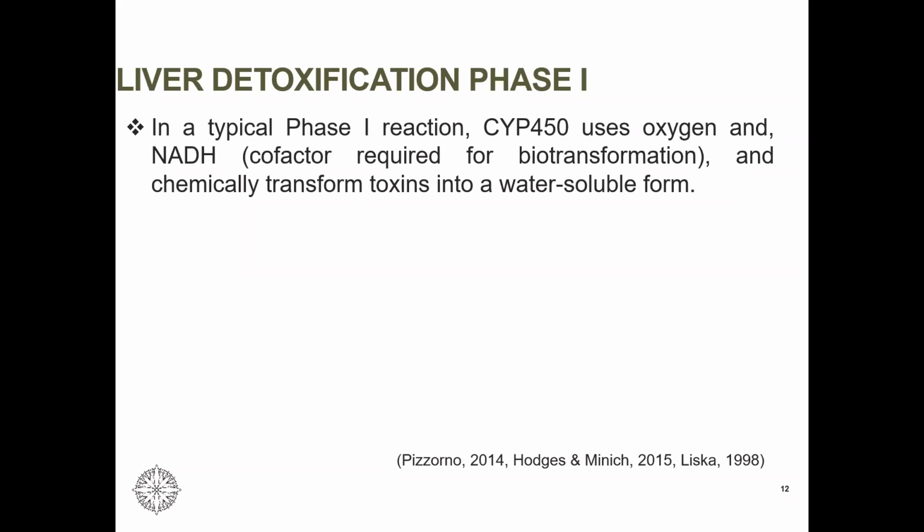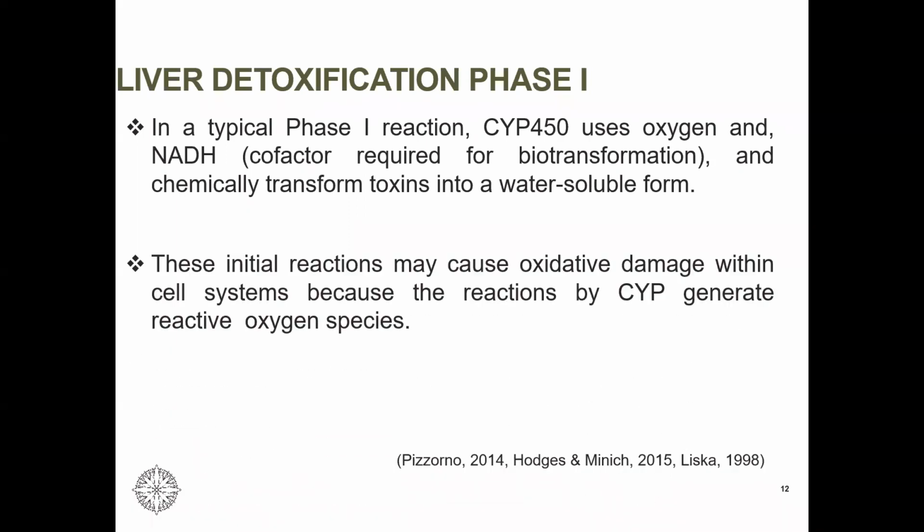We are generating something not so good, isn't it? Hydrocarbons. There is blackness also. So the point I'm making is that when the liver has to take care of all those toxins, it ends up producing a lot of free radicals. So is it a good thing or a bad thing?